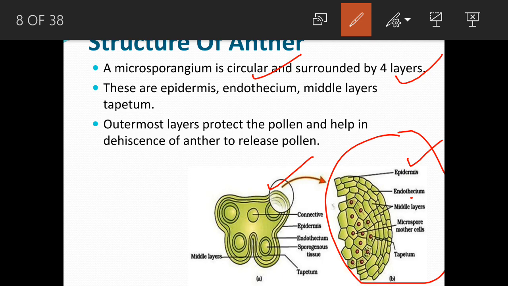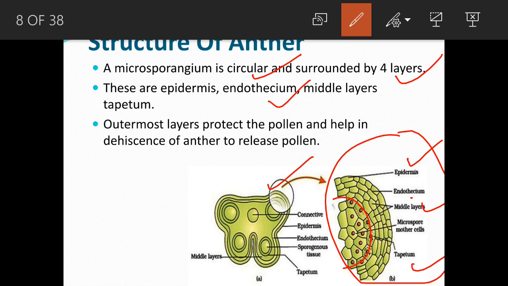It is the outermost covering of the anther. Then endothecium. Then one to three layers of middle layers. Then there is a tapetum. Then there are these cells, which are known as sporogenous tissue.